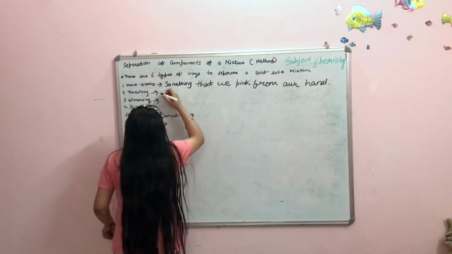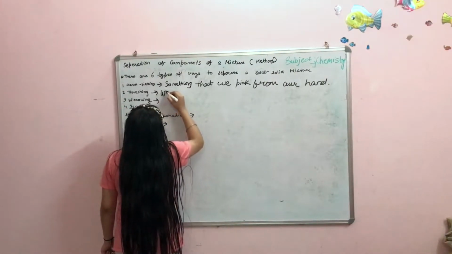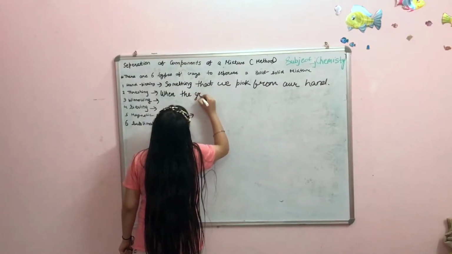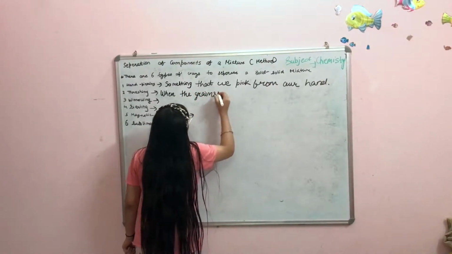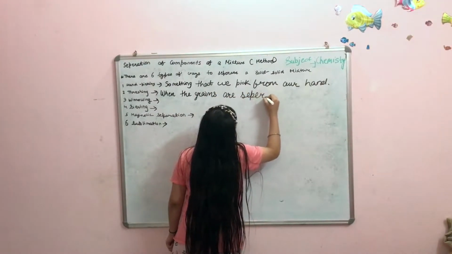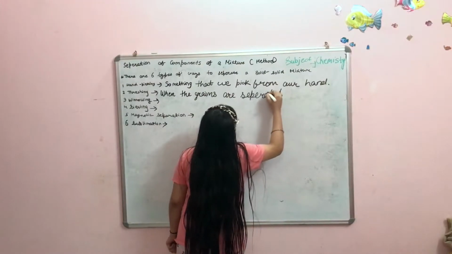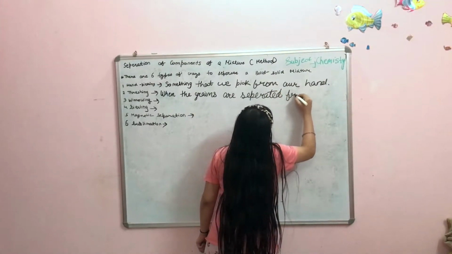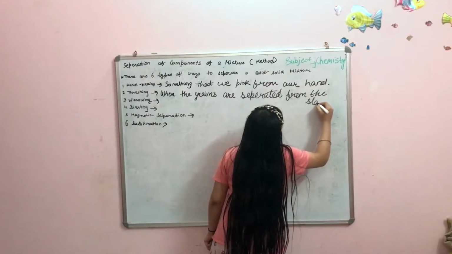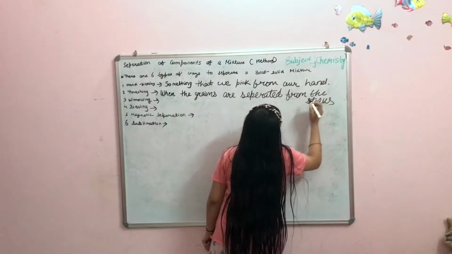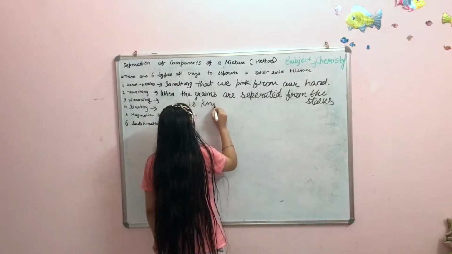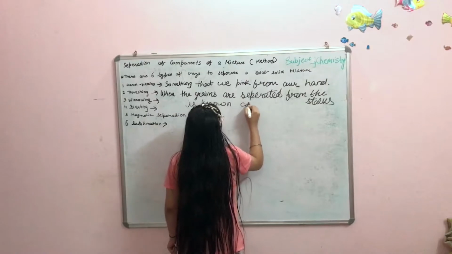So we can write like this: when the grains are separated from the stalks, it is known as threshing.